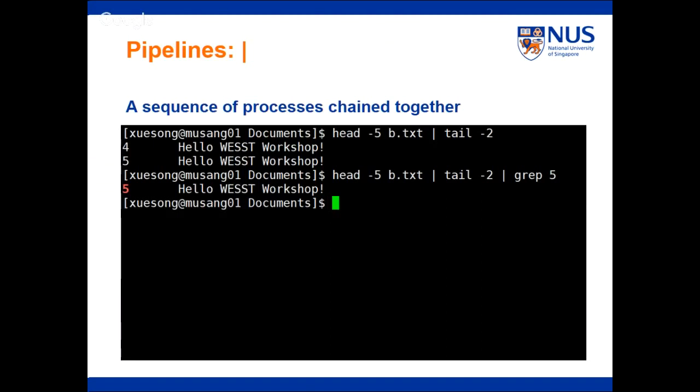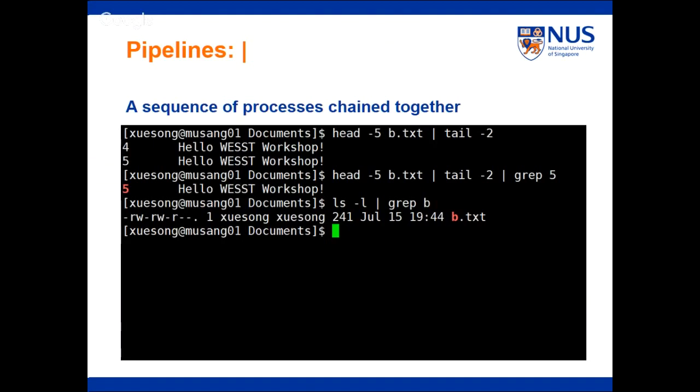So basically you can chain any commands that have output and input. For example, I chain ls -l with grep b, right? Then it just returns this file with the detailed information.